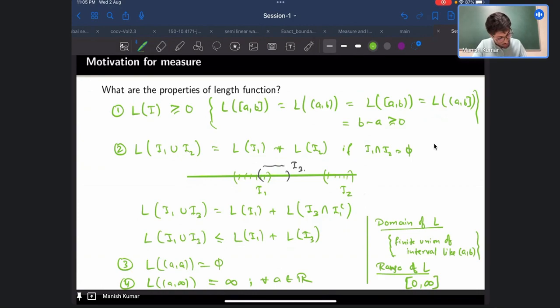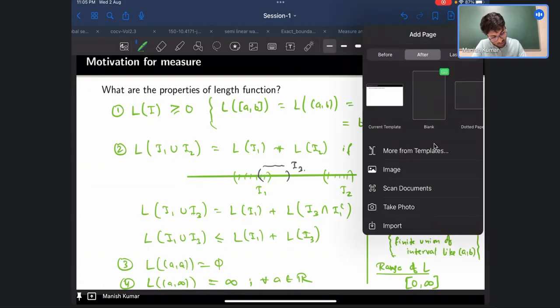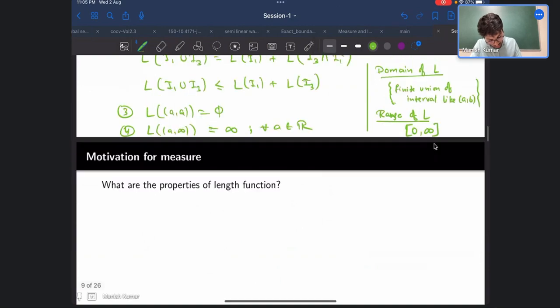Now, you already know the notion of ring and subring, right? Let me mention that as well. A ring is closed with respect to union and difference.